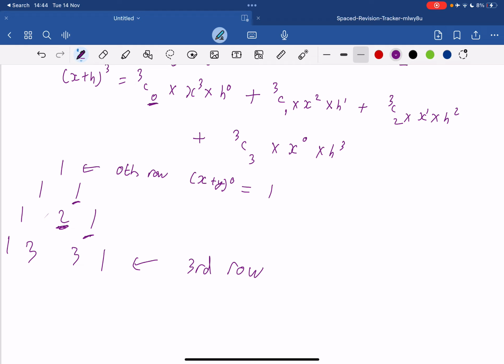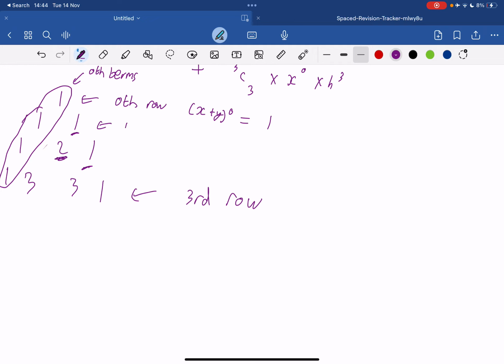Anything to the power of 0 is 1. So whenever you see a 1, you should instantly think 0 on the left, 0th term. These are all the 0th terms of the respective rows. So that's the first row, this is the second row, that's the third row. That's 3C0, 3C1, 3C2.